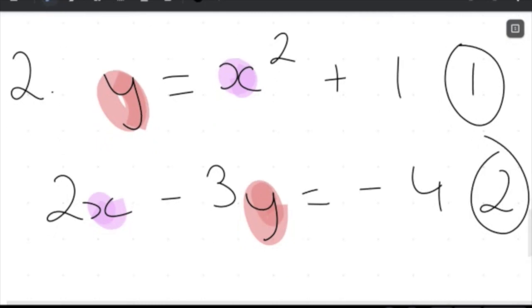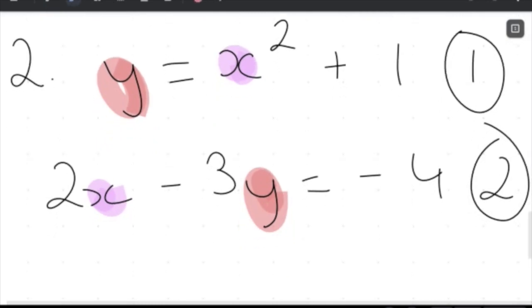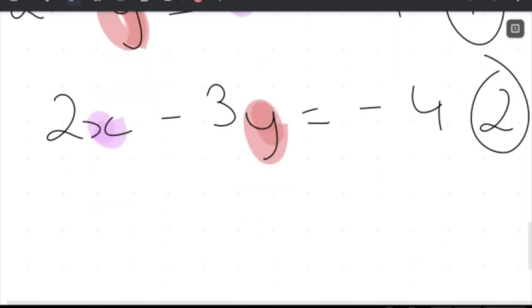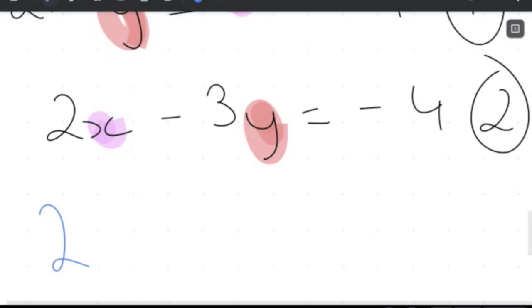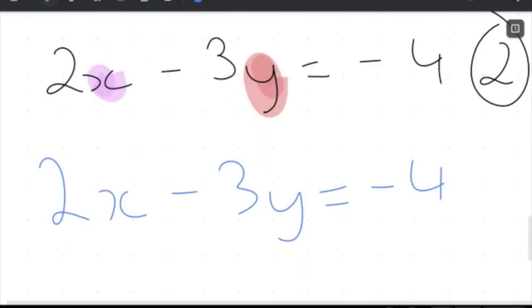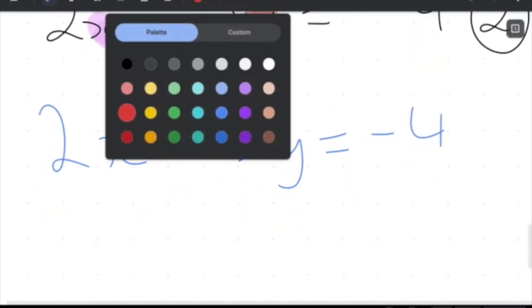So I'm going to make this y down the bottom the subject of my equation, so have it on its own, so that we can do the substitution trick we did before. So looking at equation 2, I have 2x minus 3y equals negative 4, and I want to shuffle this equation around a little bit to get y on its own.